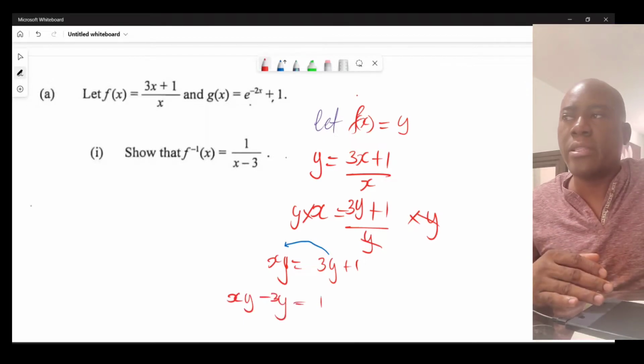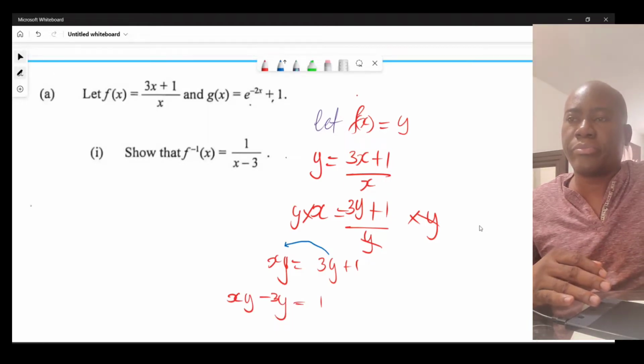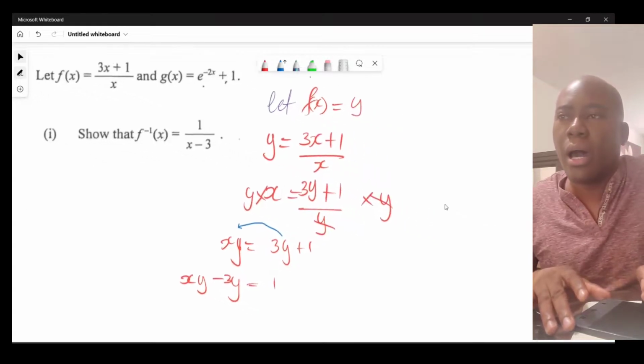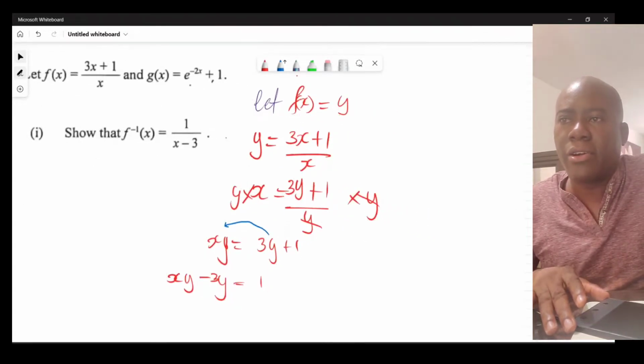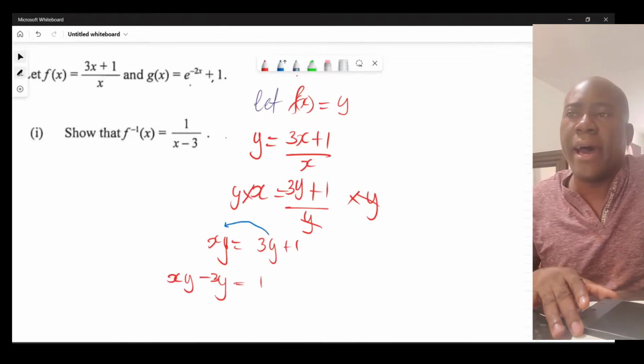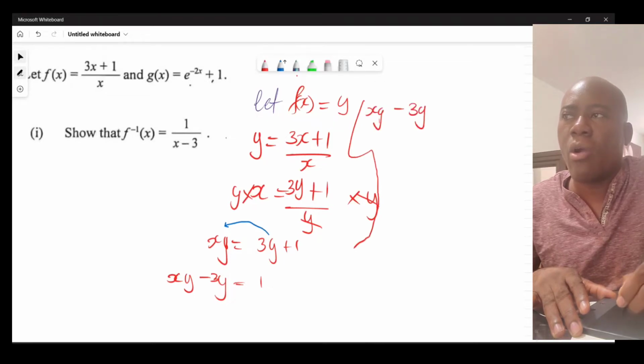At this moment, we want to factorize out the y. If I have xy - 3y equal to 1, and I take out y, I have y(x - 3) equal to 1.